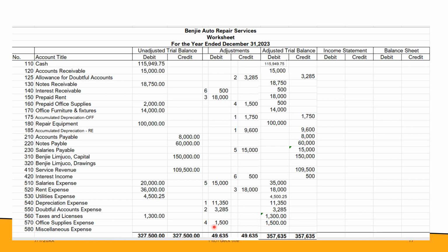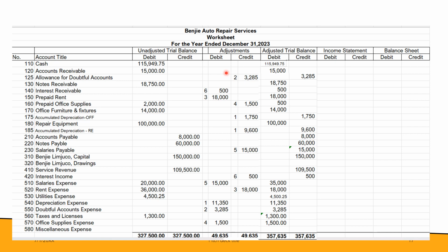Since there's no amount reflected in the unadjusted trial balance, we will just copy the adjustment amount of debit, 15, to the adjusted trial balance. So that's how you accomplish the adjusted trial balance. You will just combine your unadjusted trial balance and adjustments.